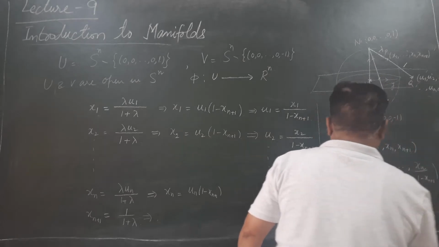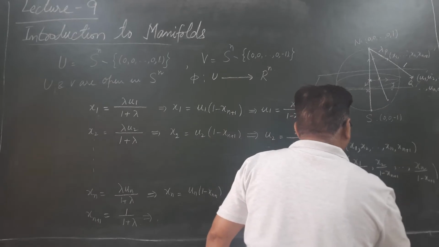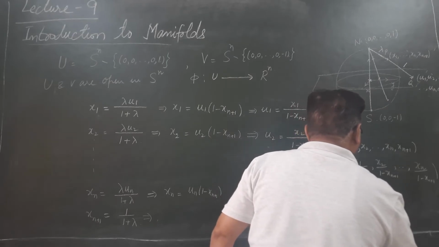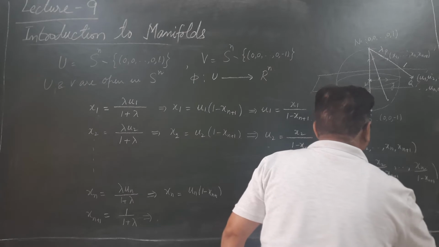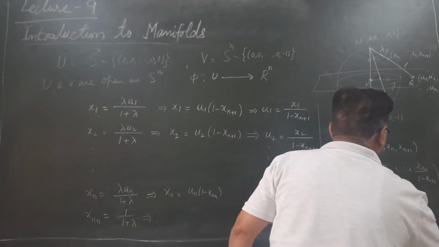Or simply you can also write it as 1 upon 1 minus xn plus 1 into (x1, x2, x3, ..., xn).